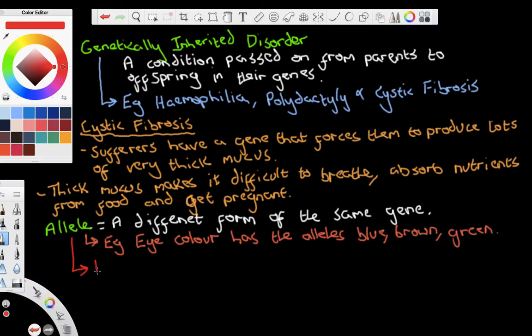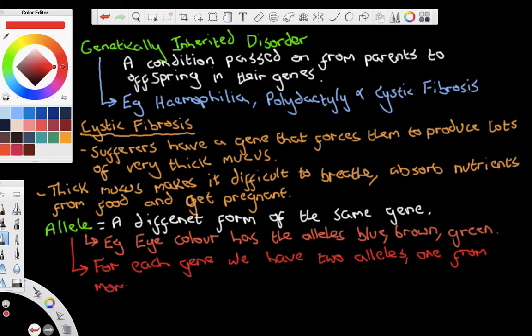So for each gene, we have two alleles, one from mum and one from dad.